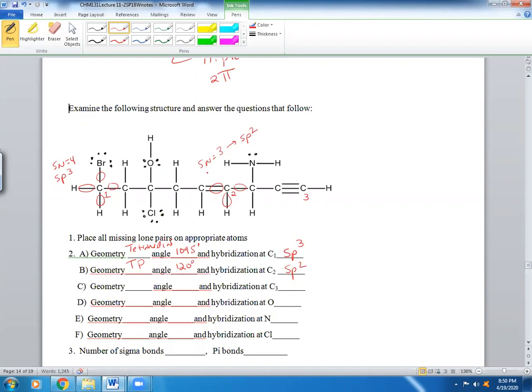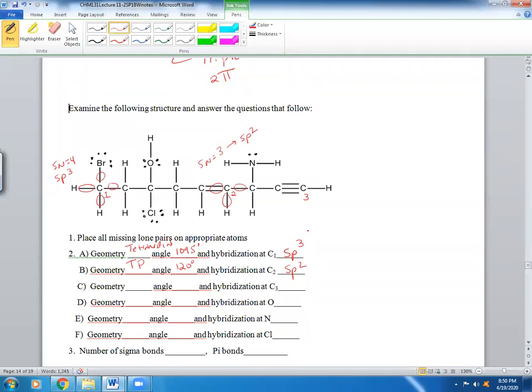Okay, hybridization. Of course, you're going to develop a pattern. You're going to see that if you have one double bond, that's going to be trigonal planar in sp2. If you have all single bonds, you're going to see it's an sp3. That's why you develop patterns. Don't treat examples as distinct from each other. They are following a pattern.